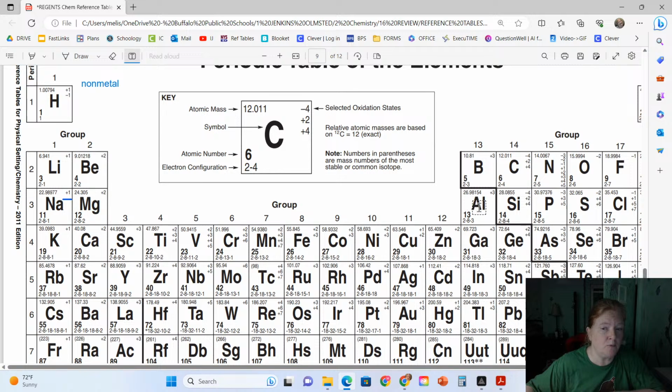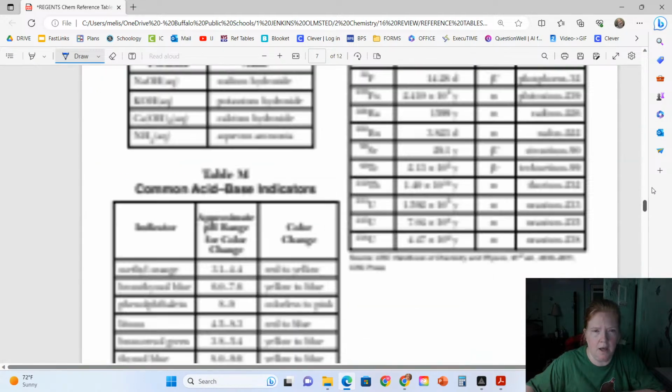Just like aluminum right here, number 13, is not a metalloid, even though it touches this vertical line. Aluminum is a metal. So hydrogen is a non-metal. Everything else over here is a metal. The metalloids touch the staircase except for aluminum. Okay. All right. So I just want to make sure I cleared that up. Hydrogen is definitely a weird one. It is super weird.